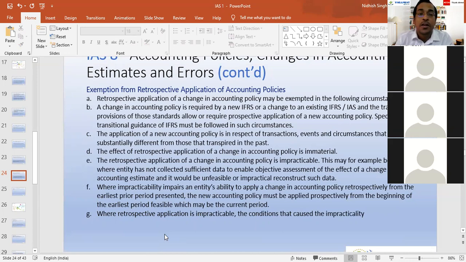Exemption, there is some exemption as well. Good news from the retrospective application of accounting policies. You will like this section A to G. Retrospective application of a change in accounting policy may be exempted in the following circumstances. If the change is required by new IFRS, we have talked about.